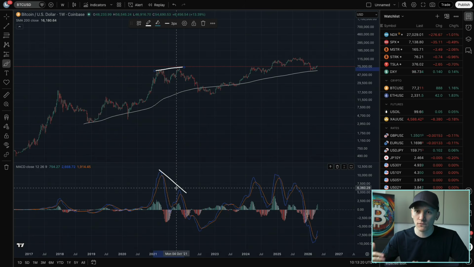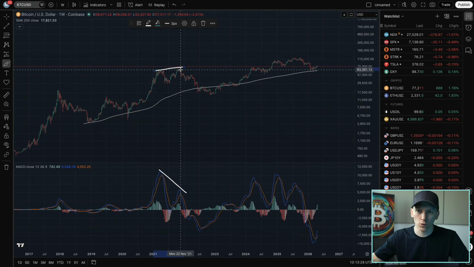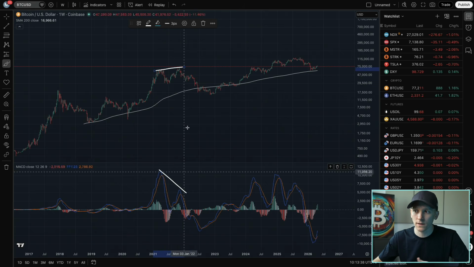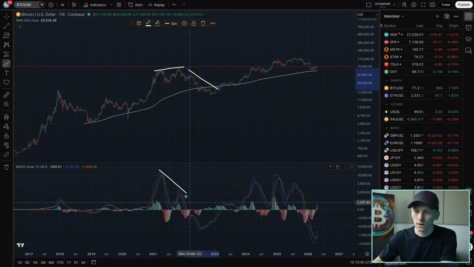And this can be a red flag or an alarm to say, even though the price is a little bit higher here, the momentum is so weak that this price move isn't actually a very strong move because the momentum isn't there. And you might want to take caution that the price actually may break down from that because the momentum has completely disappeared. And actually we went into a bear market, which the MACD showed us.